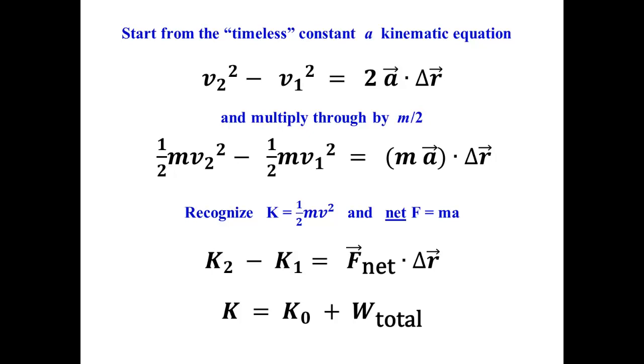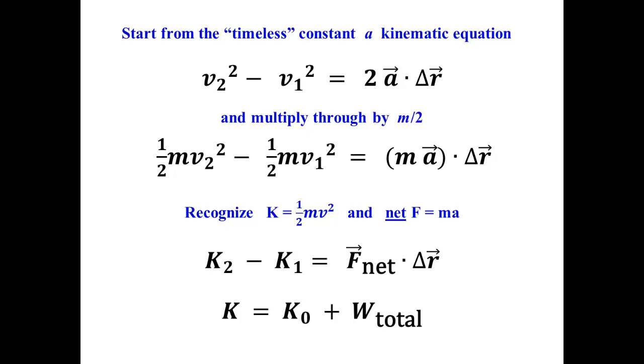So it shouldn't be any surprise that when we do this simple derivation, we're starting from the third of our equations, the one where you eliminate time, and you've got an expression that involves only the speed squared and the dot product, the scalar product of acceleration and displacement. If we multiply this equation by 1/2 m, the left-hand side becomes 1/2 mv squared, which we recognize as the kinetic energy at one point minus the kinetic energy at another point.